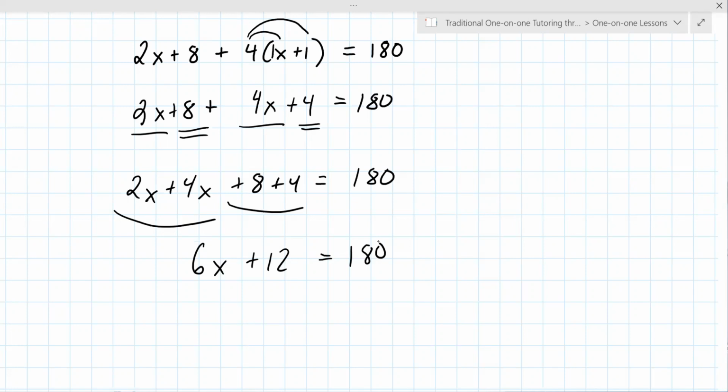Go ahead and solve this for x, please. 168. And I just want the final answer for x, whatever you come up with.